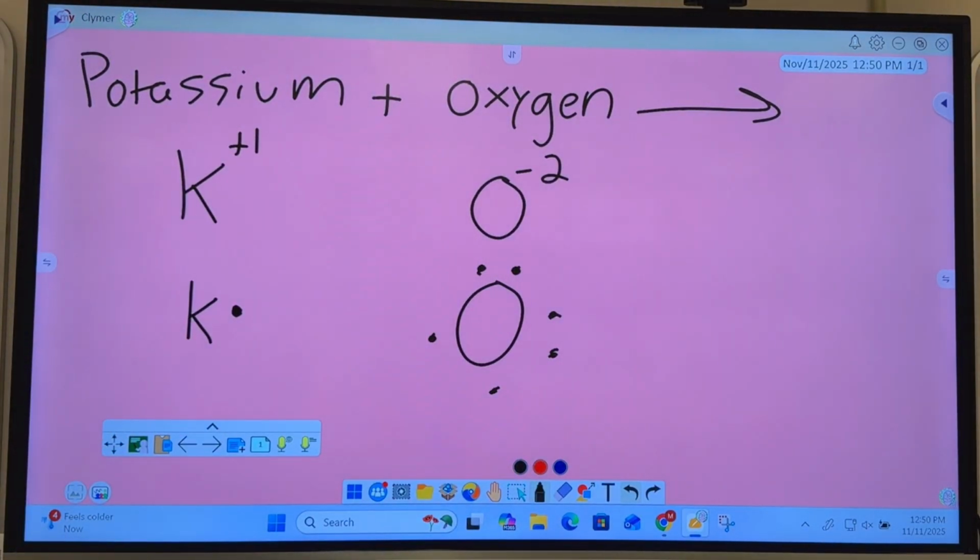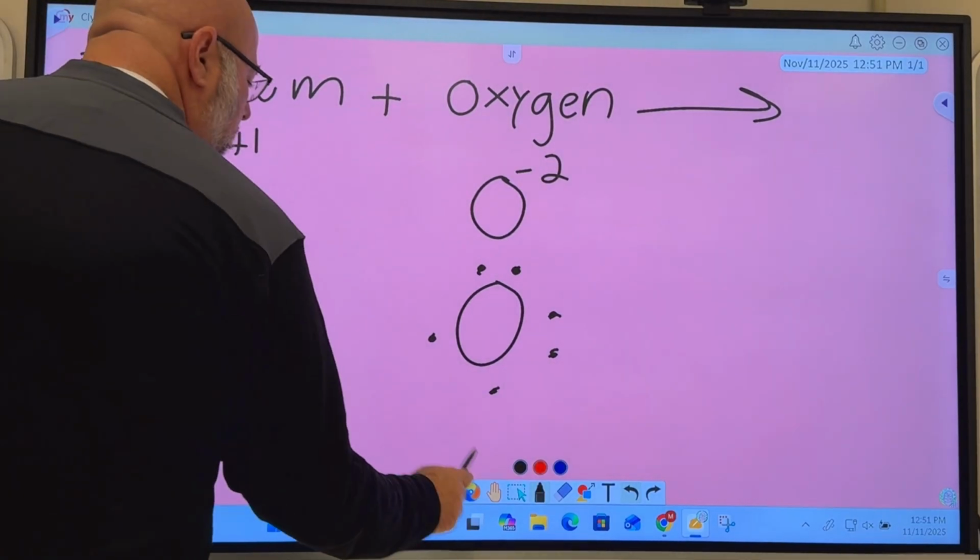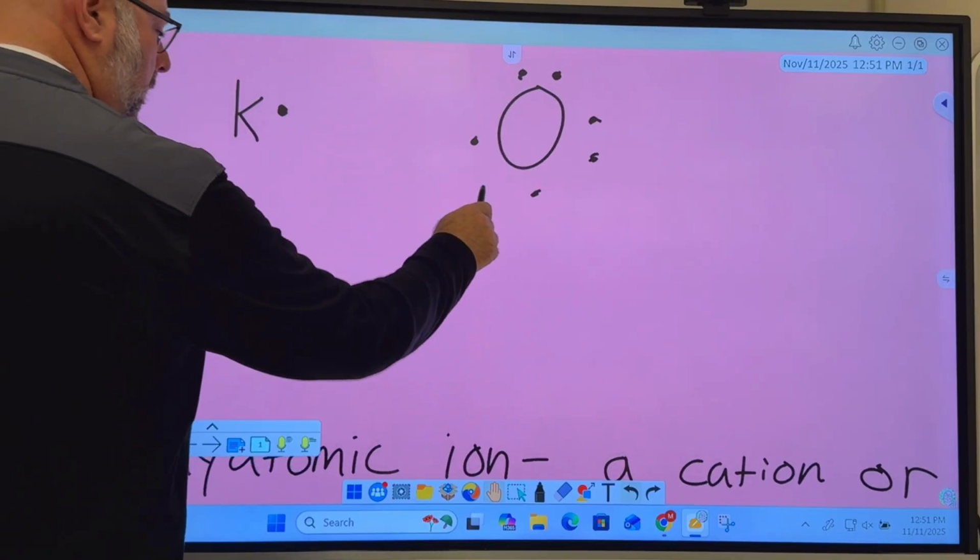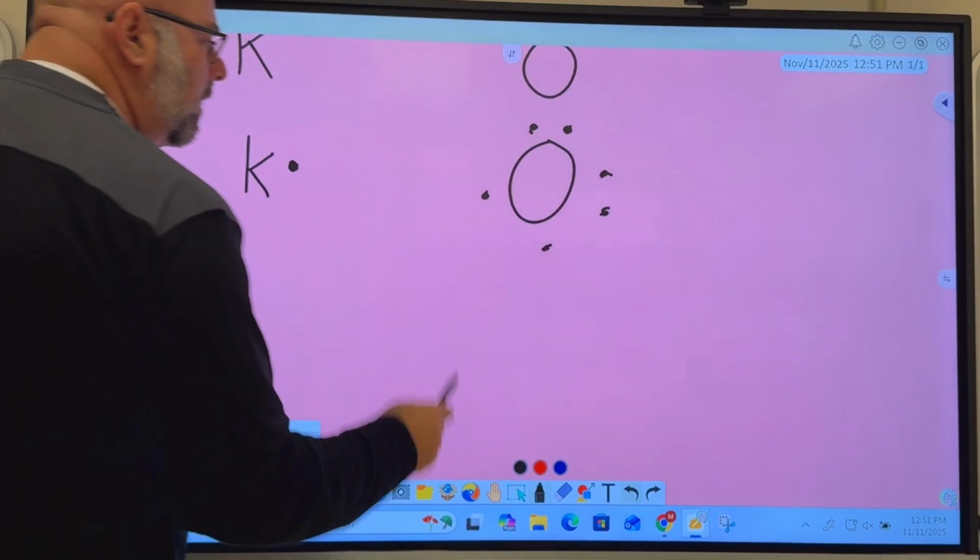Okay, so when we combine these, we make an ionic bond with this particular combination. Does this work out even? 1 potassium and 1 oxygen? No. Why not? Need 1 more potassium. Why? So how many does oxygen need?